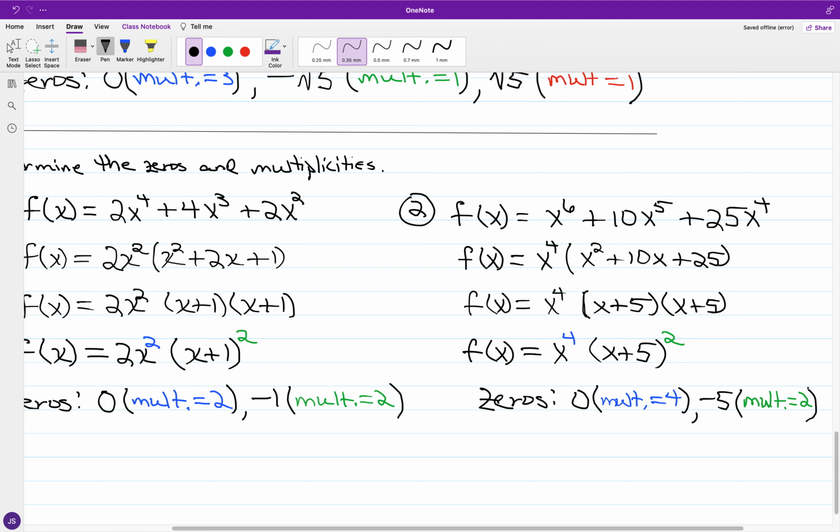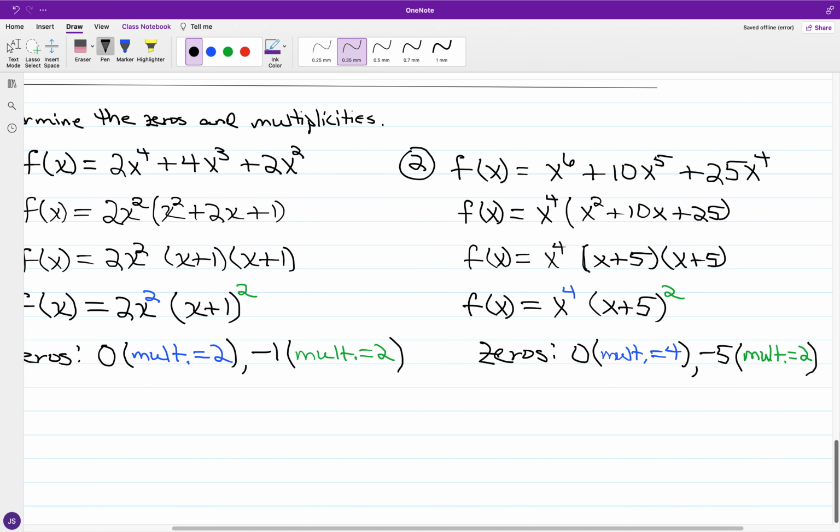All right, and in terms of the dynamics created for the graphs of polynomial functions, zeros and multiplicities will have their own individual purposes.